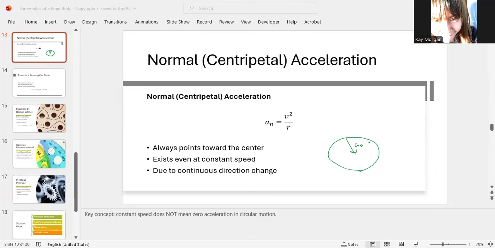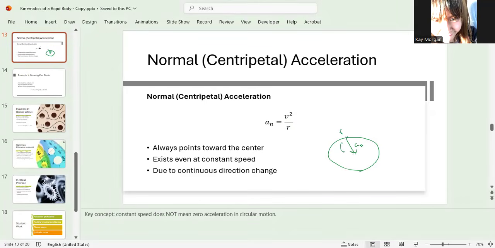So in circular motion, normal acceleration is always going to point toward the center of that circular path, something like this. The magnitude of that normal acceleration we're going to calculate this way. We're going to use the square of v, so v squared divided by your distance r, which is the distance from the point to the center.